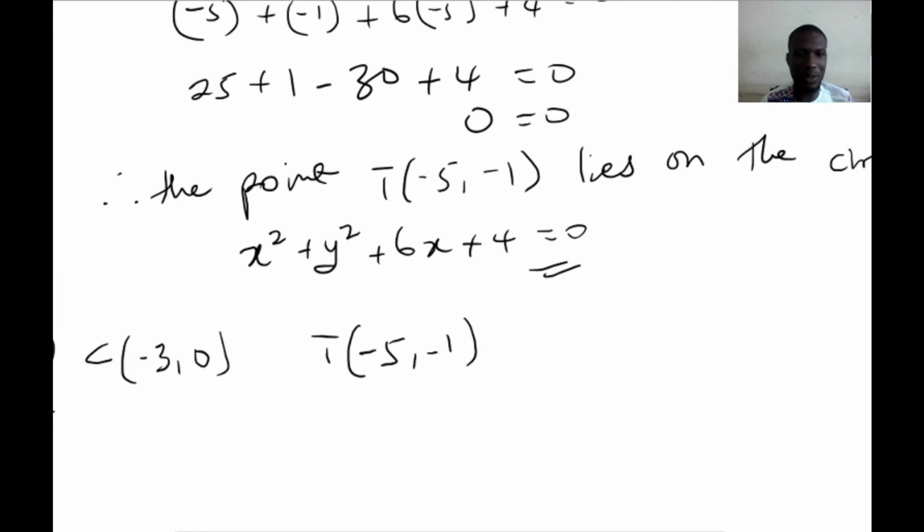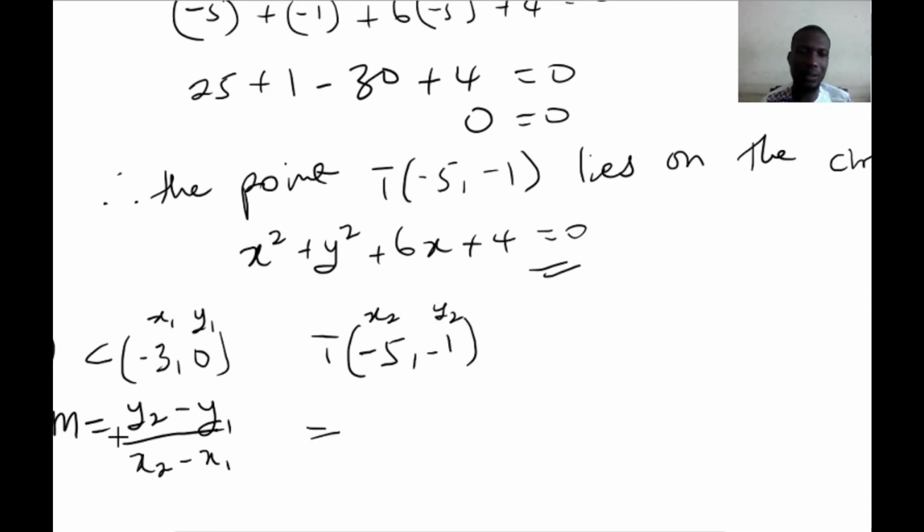And we know that the gradient of a straight line is a straight line. So we are going to use the formula for finding the gradient of a straight line, and that's change in y over change in x. Maybe for us not to make mistakes, let's call these x1, y1, x2, y2.